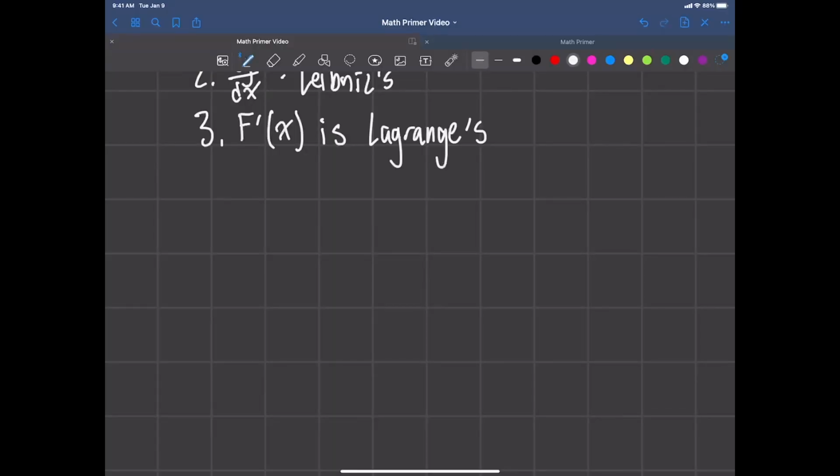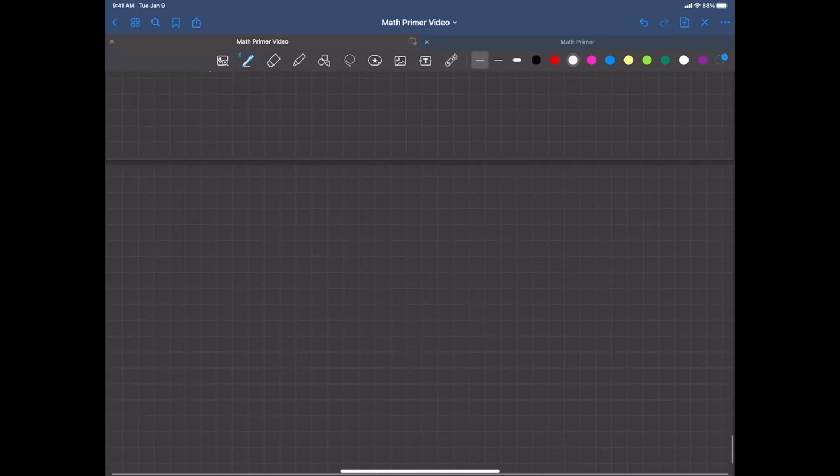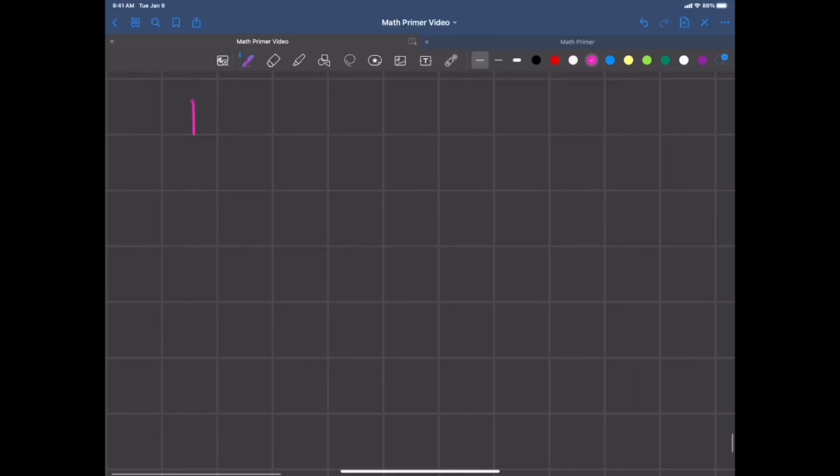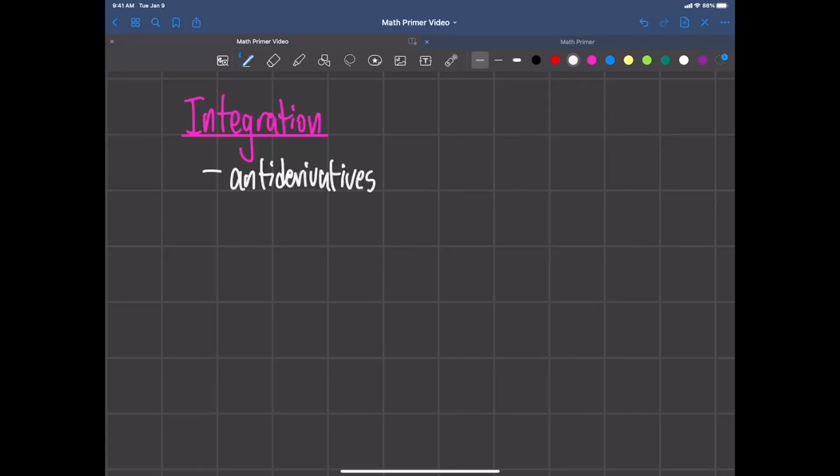Now, let's talk about integration. Integration deals with finding the antiderivatives of functions, also known as integrals.